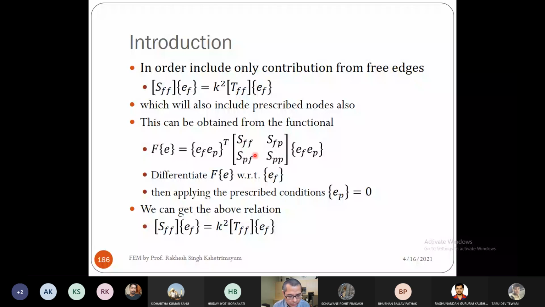Similar to that, we can separate the prescribed nodes and free nodes. Then you differentiate this functional with respect to EF, which is the free nodes eigenvector. Then apply the boundary condition over the prescribed nodes, where the electric fields are 0, and you can get this relation here. SFF EF is equal to k squared TFF EF. So this is the correct relation we want to solve.